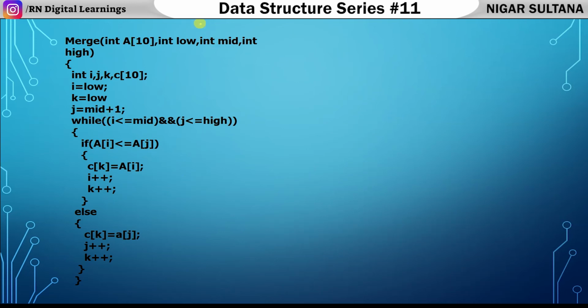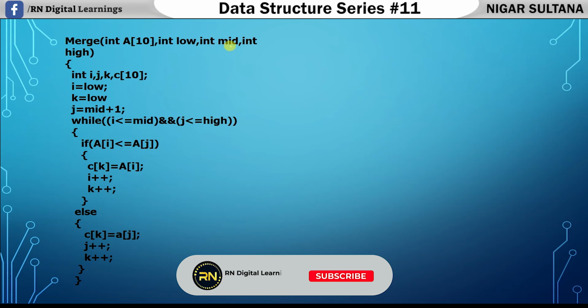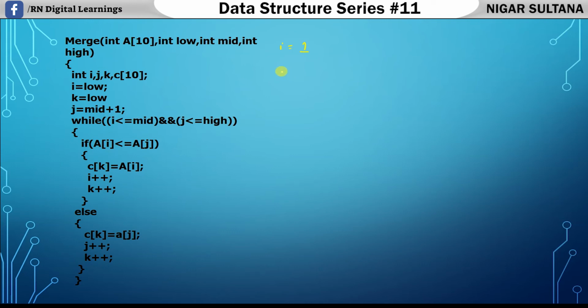Yes, now the i value is 1 because we have incremented the value. It is i equal to 1 now. Check the condition of this. Is 1 less than or equal to mid, which is 3, and we have j value as 4 less than or equal to 6. Now both are true. If they both are true, check the if condition.